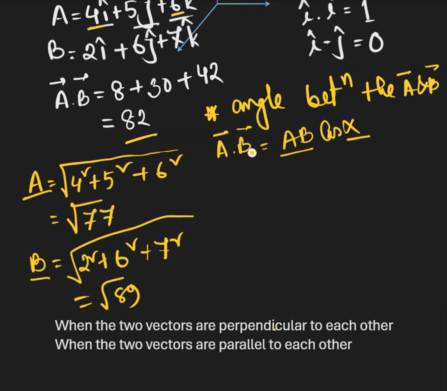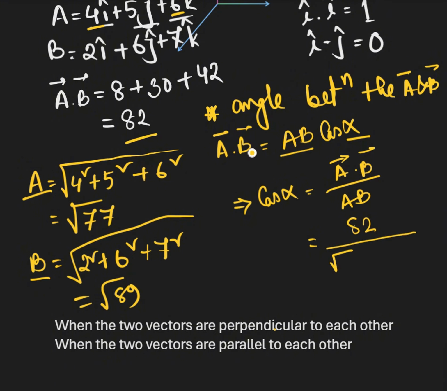Now, what do we have to calculate? We have to calculate the value of alpha, right? Indeed, cos alpha equals A vector dot B vector over AB. So here we could write the value of A dot B, which is 82, over square root of 77 and square root of 89.